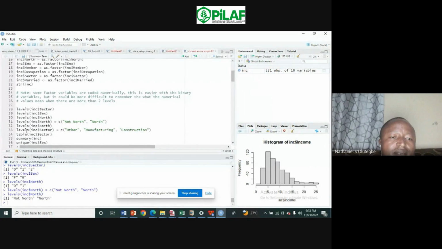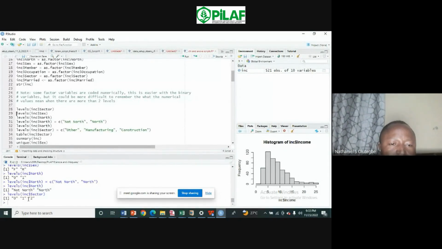Now sector is in 3 levels. Originally the levels are 0, 1, 2, but you need to define your 0, your 1, and your 2, such that when you continue to run your analysis, it will be easy for you to interpret.